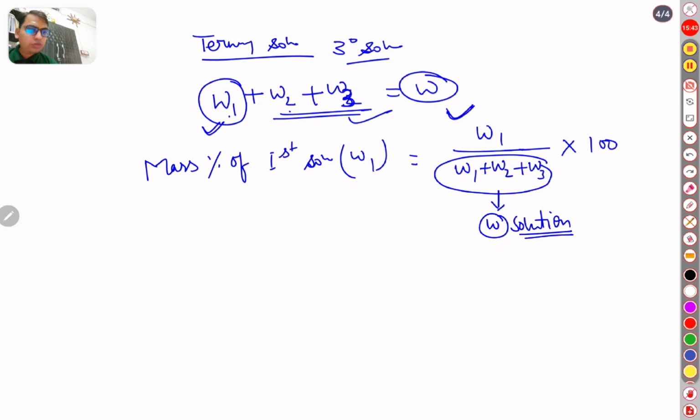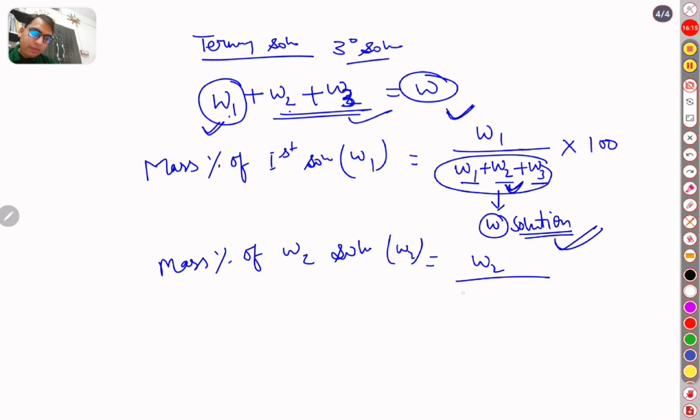W means weight of solution. Is it clear? If quaternary is given, then W1, W2, W3 and so on. If you have to find the mass percentage of the second solute, easily you can write the mass percentage of W2 solute is equal to W2 by W1 plus W2 plus W3 into 100.